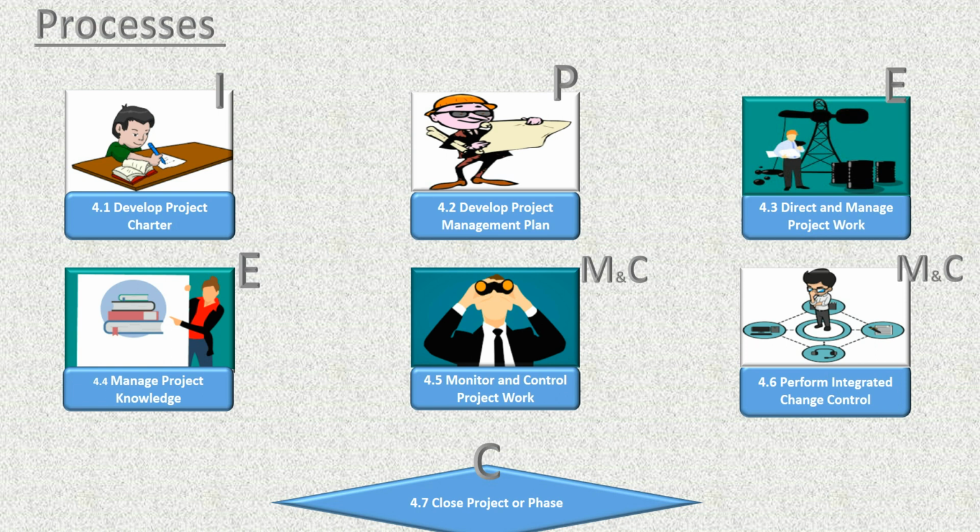So that's why along with learning something new in this series of tutorials, we also try to unlearn whatever confusing things you have learned so far, right? For example, many people have this confusion between monitoring and control process group versus monitor and control project work. So we are going to discuss this minute difference in detail.